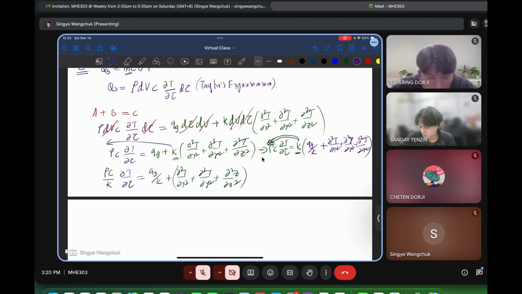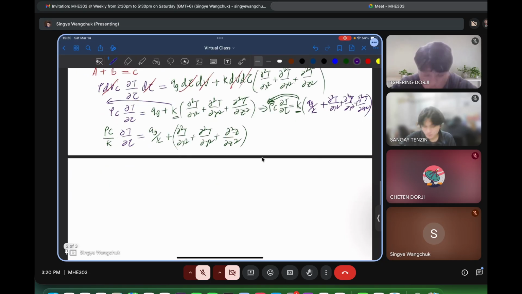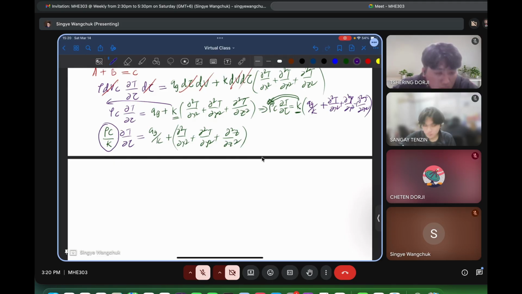Can I write it like this? Rho c by k as 1 divided by k by rho c. So with this, I define this as alpha.